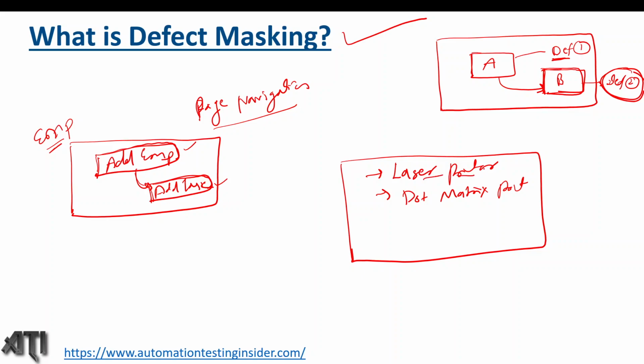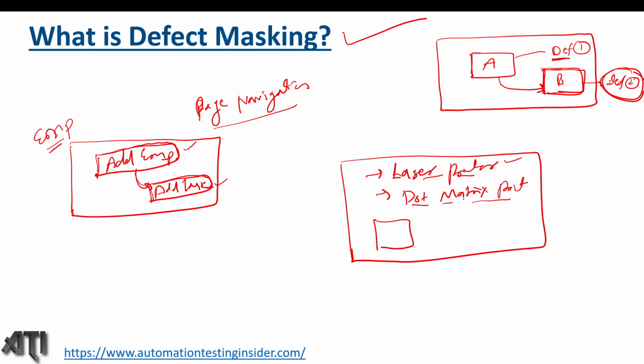Let's say we are printing a page and we are not able to find the laser printer. There is no issue with it, but we are not able to find it because of connectivity. So what will the system do? It will search for another printer, which is the dot matrix printer.